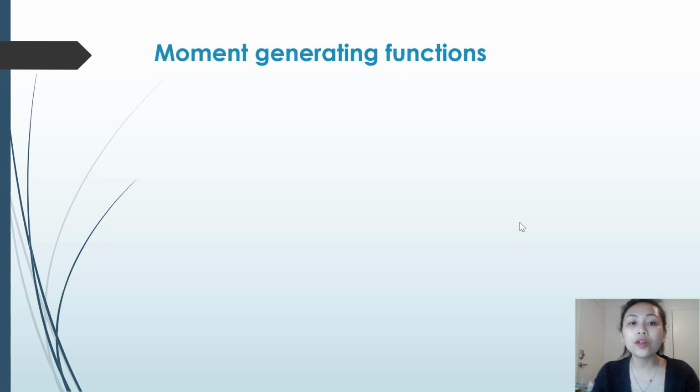Now we are going to consider the last thing in this lesson, the moment generating function. Because I said for any distribution, you have to ask yourself 5 questions. The first question, what is the probability function? Second question, what is the mean? The third question, what is the variance? Question number 4 is when to apply that distribution.